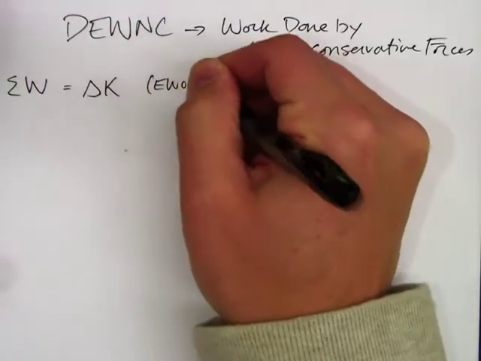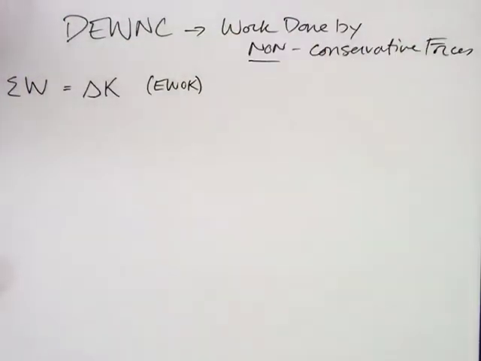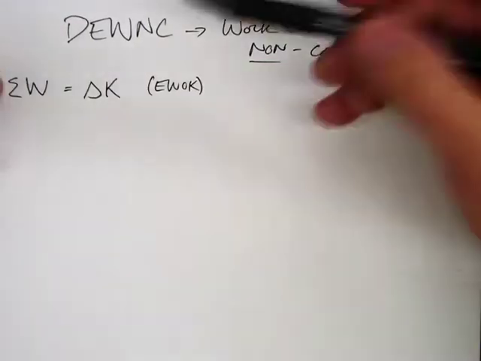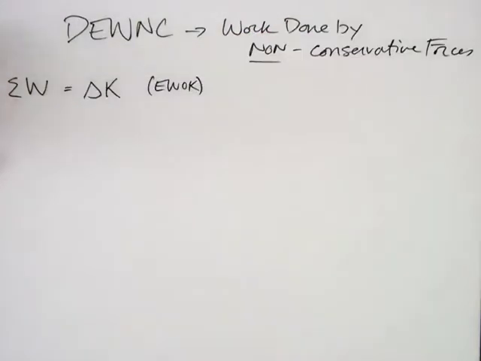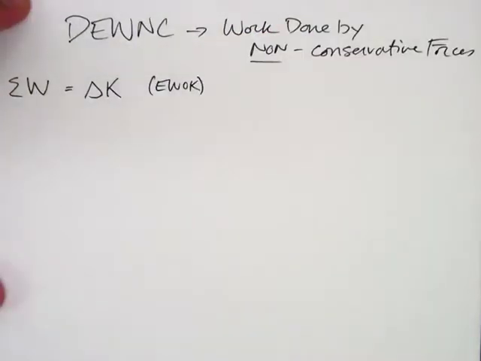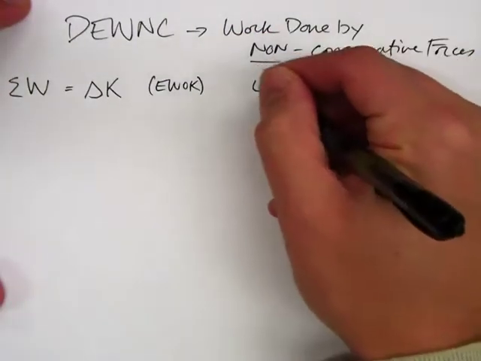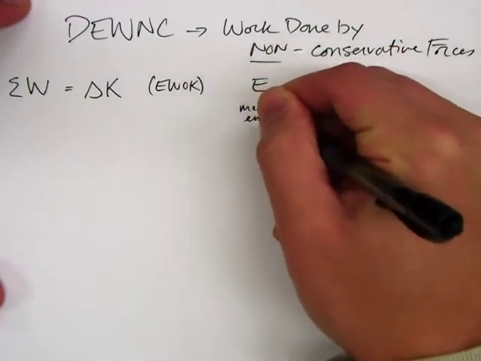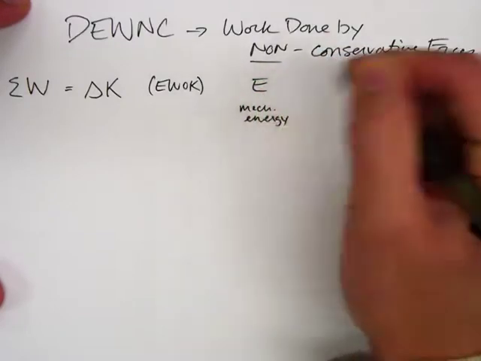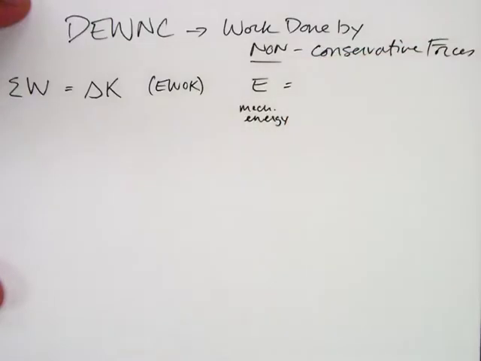So if we want to know the change in K of an object, all we need to do is figure out all the different forces that are doing work and sum that together, and that'll tell us our delta K. We also defined mechanical energy. And we said these are special types of energies associated with conservative forces.